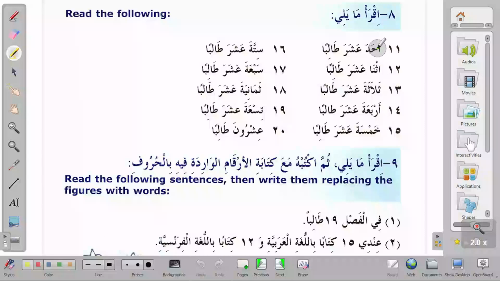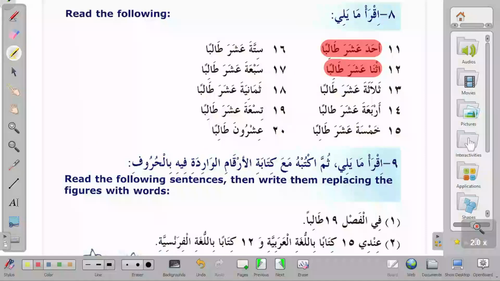For the 11 and 12, the whole thing is going to have the same gender. The same way for the 12, the whole part is going to have the same gender.